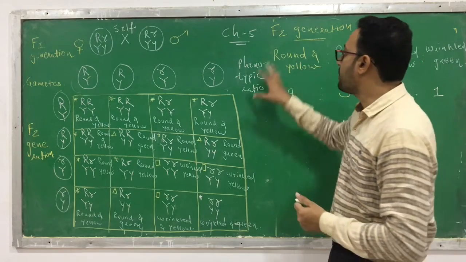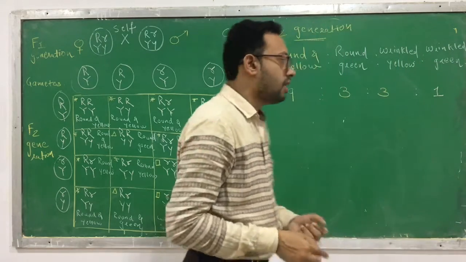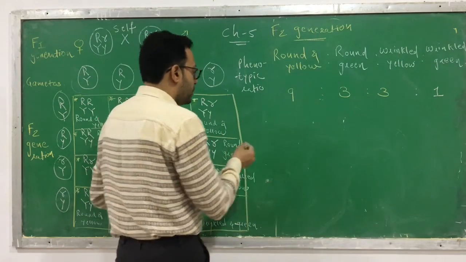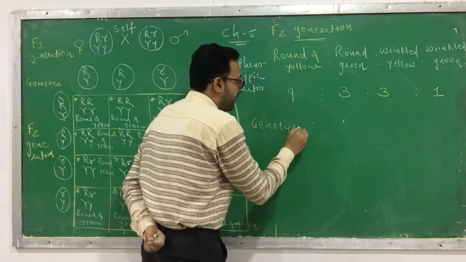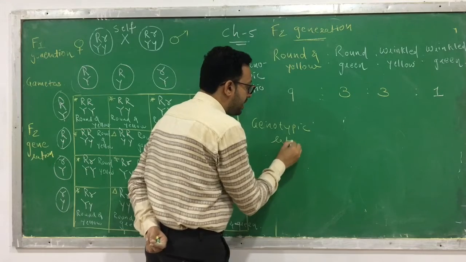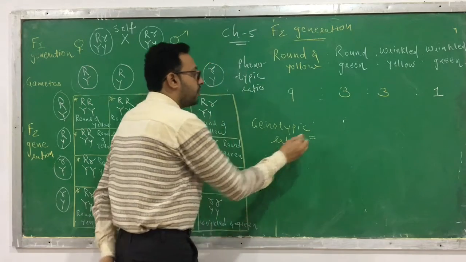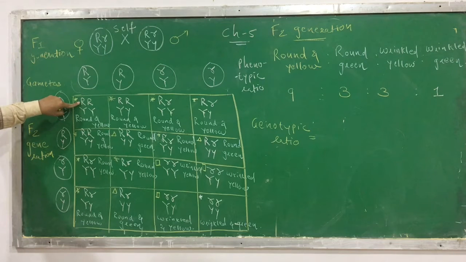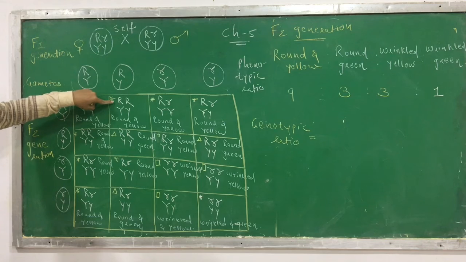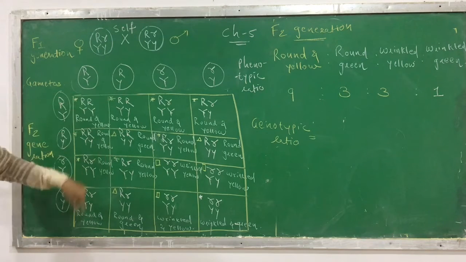Okay. So this is what happens in the dihybrid experiment, or inheritance of 2 genes. This phenotypic ratio has been obtained. Now, as homework, you have to find out what its genotypic ratio is. Now you have to count the genotypic ratio. Means you have to count how many capital R, capital Y, capital Y are present, how many capital R, capital Y, small y are present. Just count it.